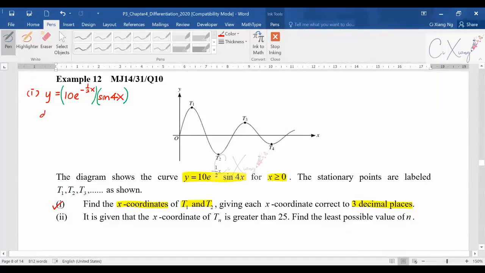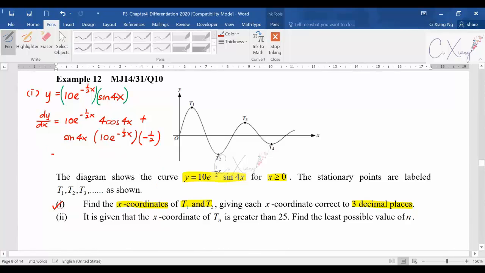When you want to find the differentiation, you need to do the product rule. First, copy the first bracket, differentiate the second. When I differentiate the second bracket, I'm having 4 cos 4x. Then plus, now I copy the second bracket and differentiate the first. When I differentiate the first bracket, I'm having 10 e power negative half x, and after that you differentiate the power of the e, which gives negative half.